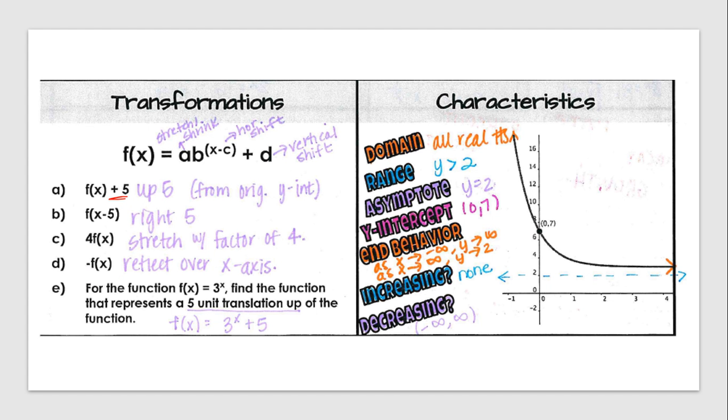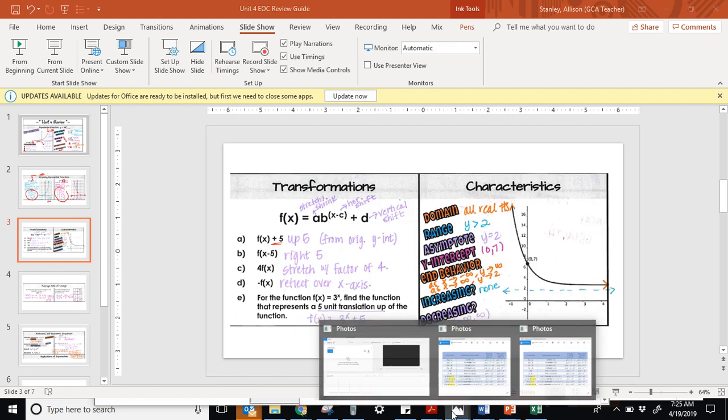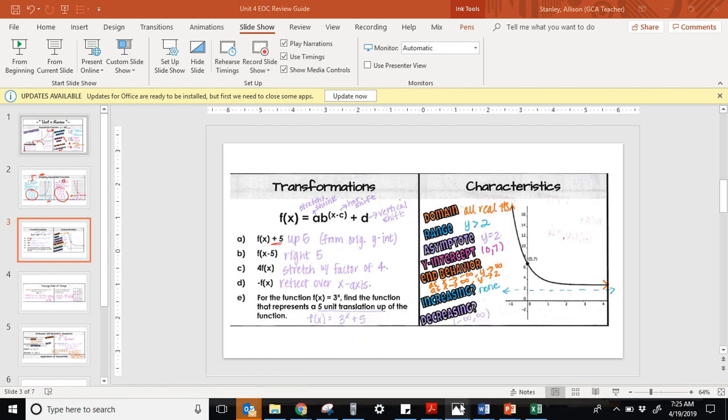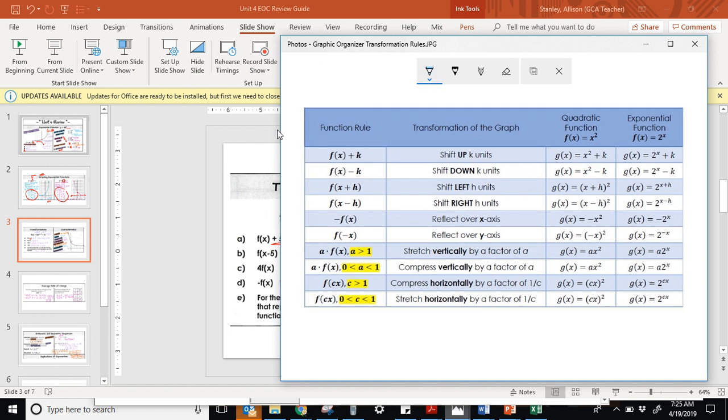If you want to look quick, I'm going to pull up my graphic for you guys so you can see that. Okay, here are those function rules right here. You might just want to take a look at these the morning before your test, just to have them in your mind.